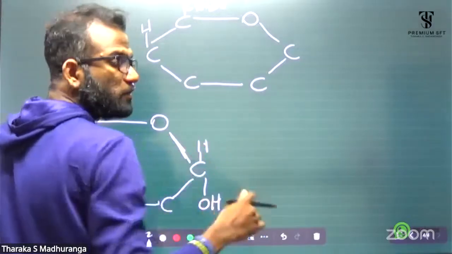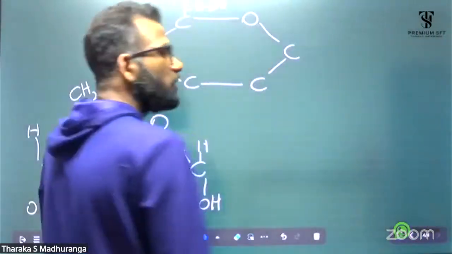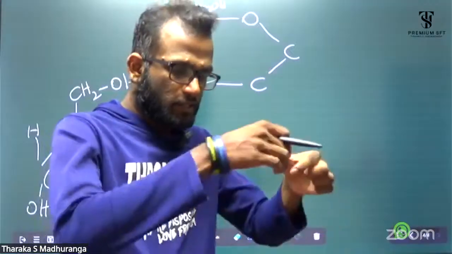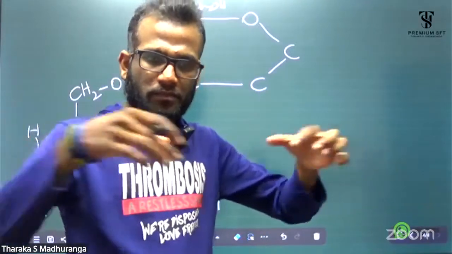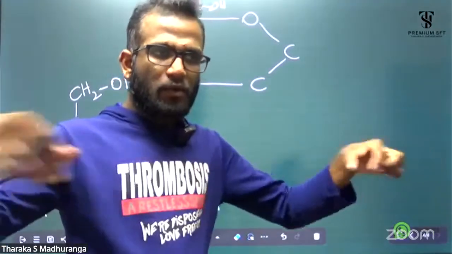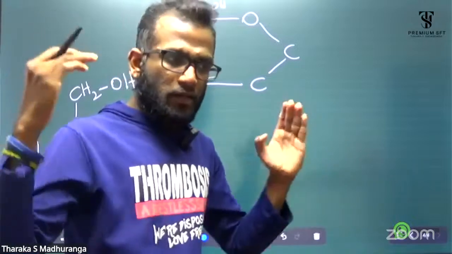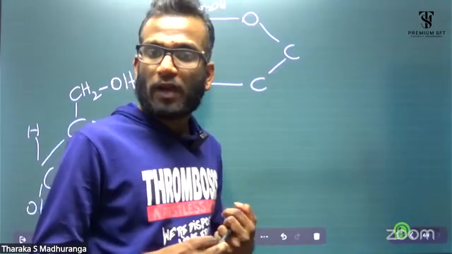In polysaccharide formation, I told you, do you remember? Amylose in starch formation is a glucose chain without branches, but amylopectin is a glucose chain with branches.